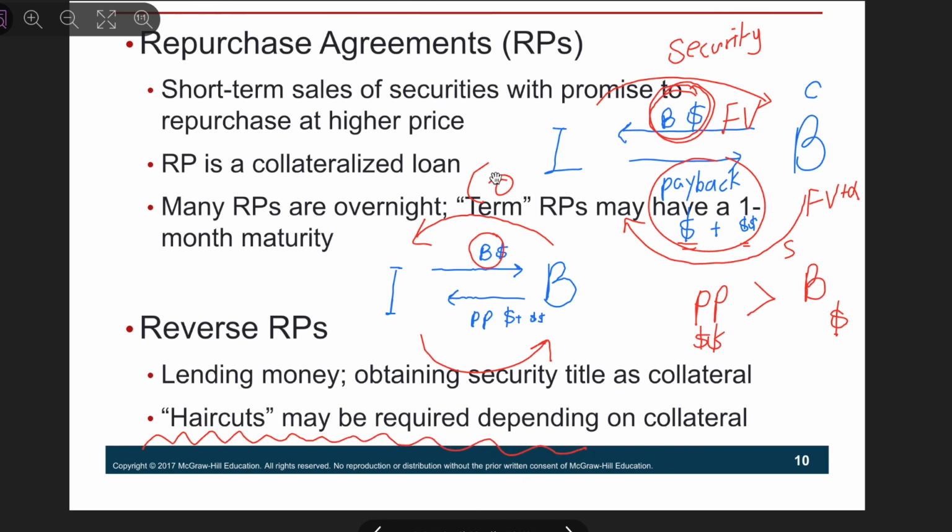So if the collateral is not great, what we're going to do is, okay, the collateral's face value is, let's say, $10,000, and the broker wants to borrow $10,000 from me, but this collateral is not like T-bills, right?